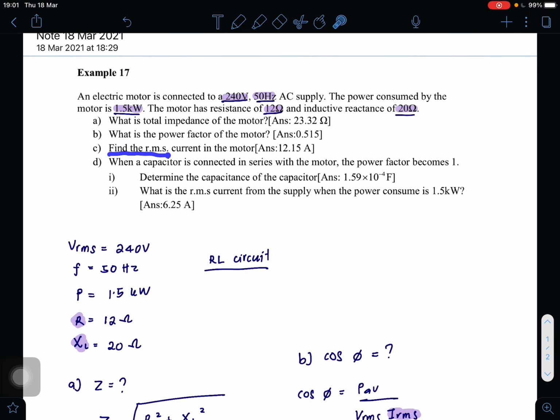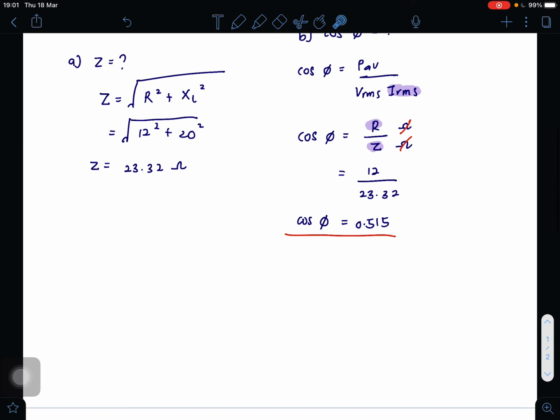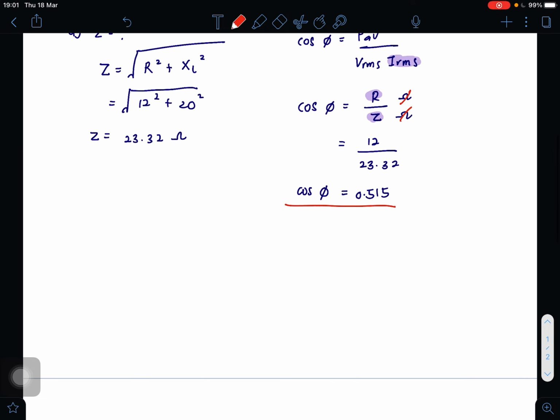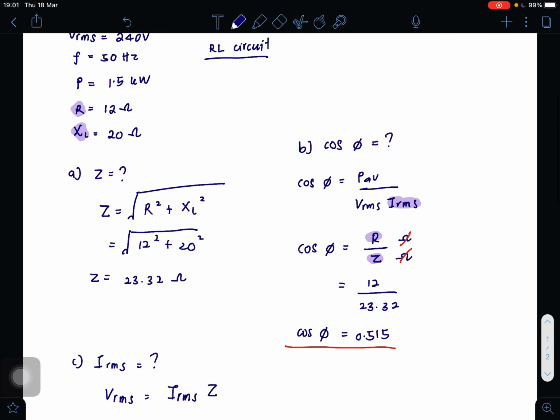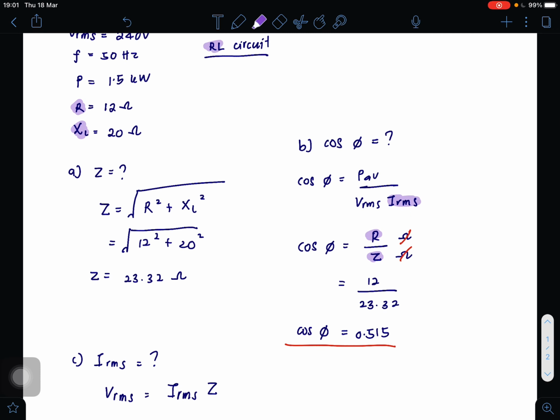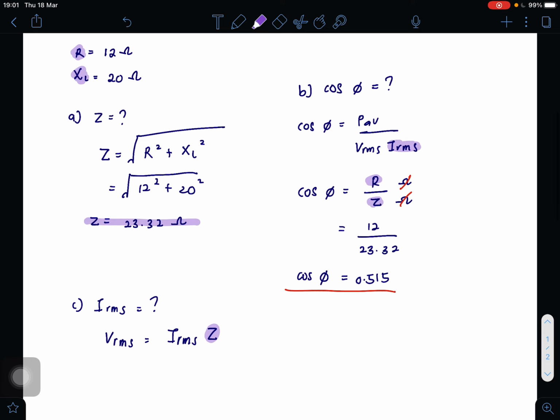We want to find the RMS current in the motor. So soalan C, we want to find IRMS. Okay, so IRMS here, we can use this formula. VRMS is equal to IRMS times Z. Since here we have an RL circuit kan, so Z dekat sini akan jadi Z. We use this value.